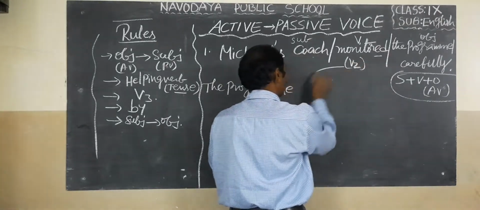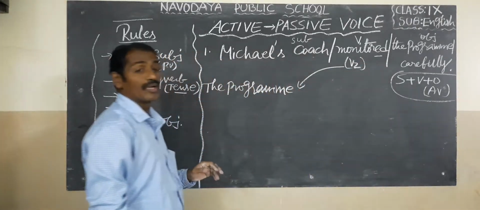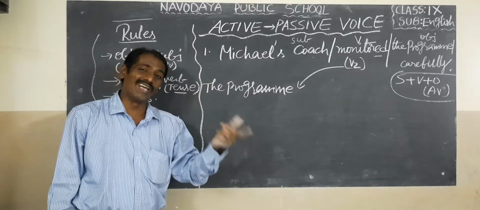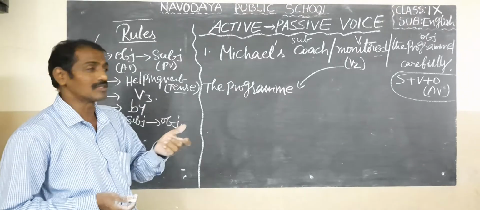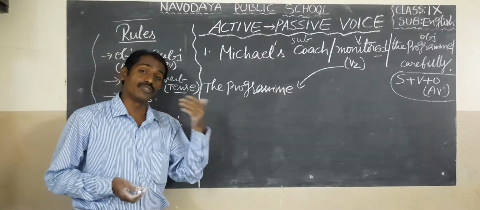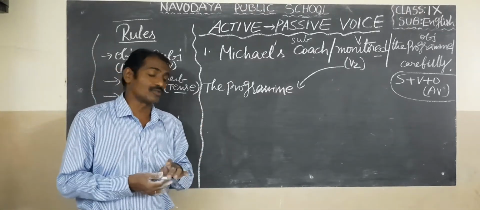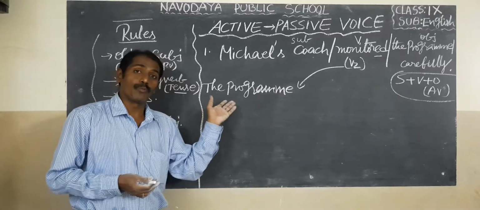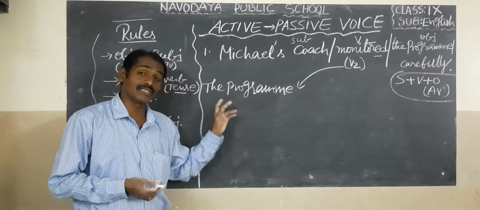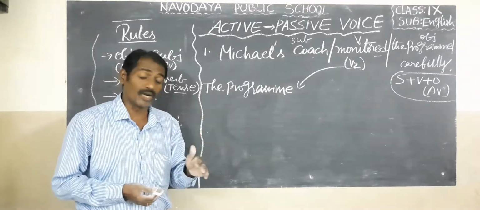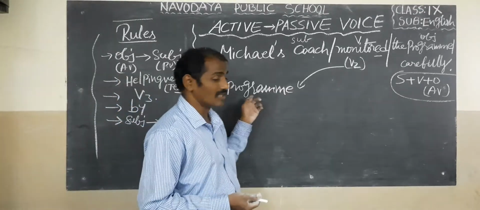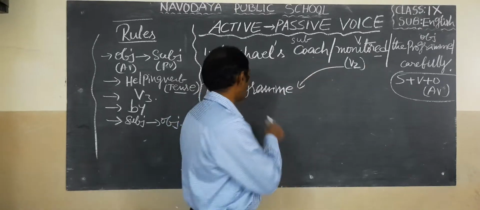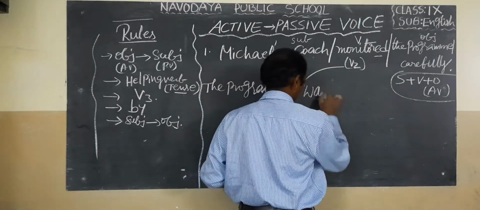So we should write the be form was or were. Was is used for a singular subject, and were is used for a plural subject. So we check whether the subject is singular or plural. The program is singular, so we write: the program was.